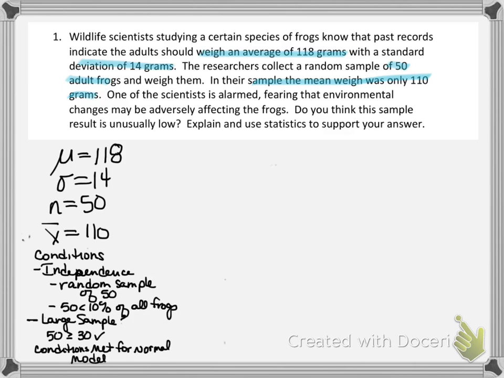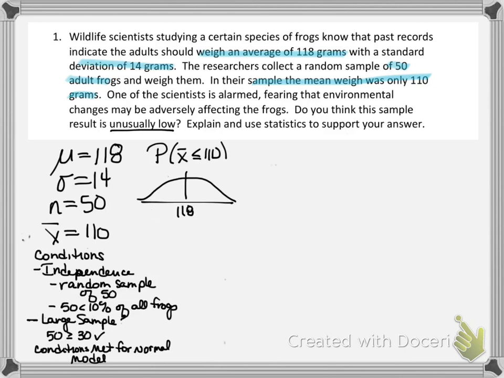All right. So we want to see if this result is unusually low. That means we want the probability that X bar is less than 110. If I go back to my normal model, here's 118. Actually, hold on, let me go back a little bit.